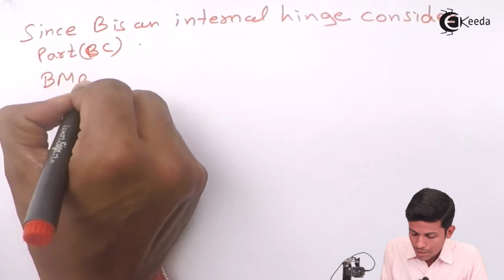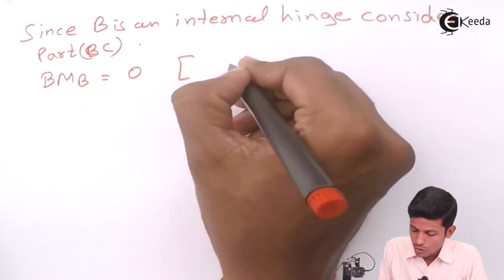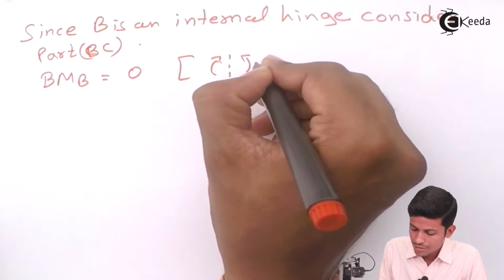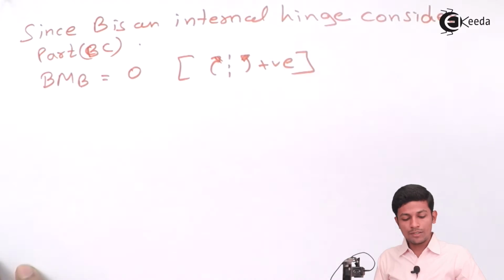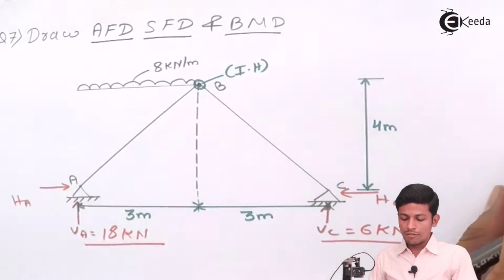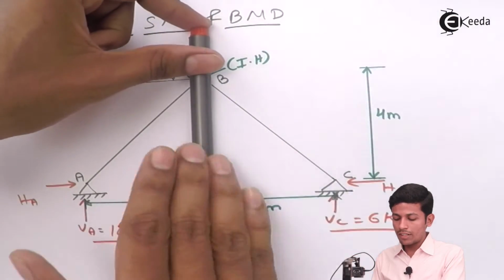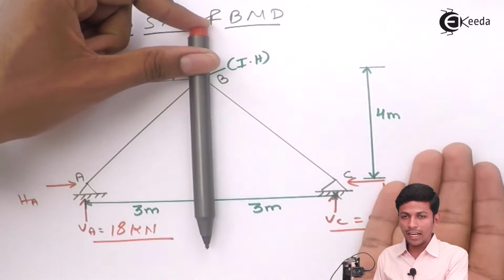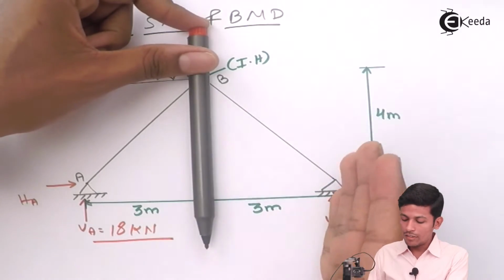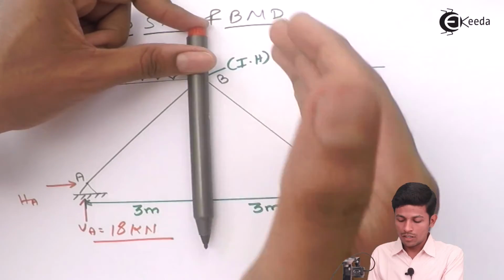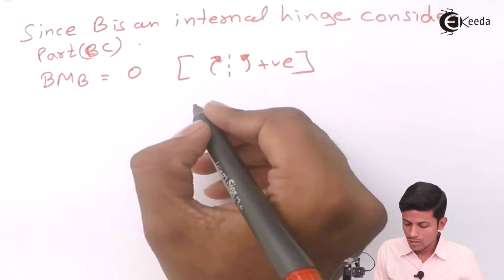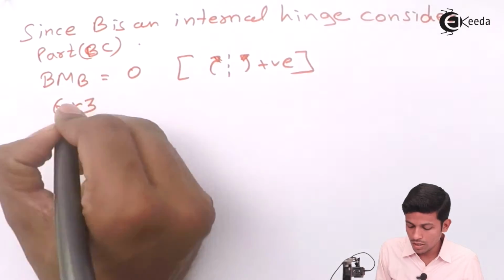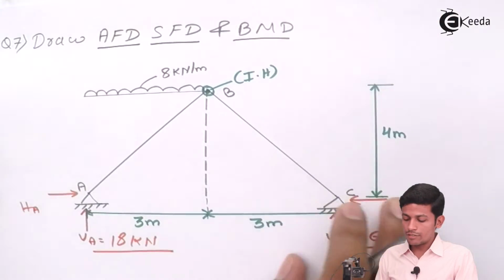Bending moment at B equal to 0. Follow this sign convention, positive. We are taking a section over here and looking at this side, the right side. So this VC will go like this. This is a hogging moment. Now 6 into 3 plus 6 into 3. Now this H will come.